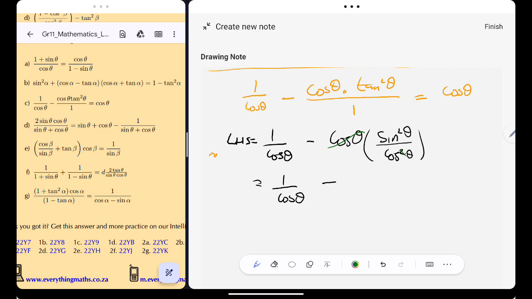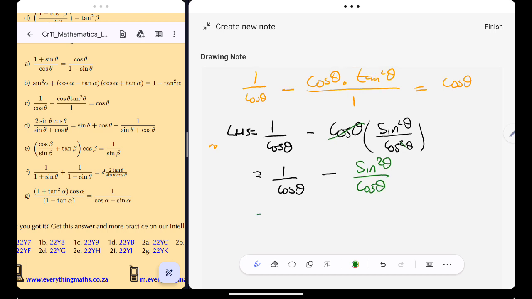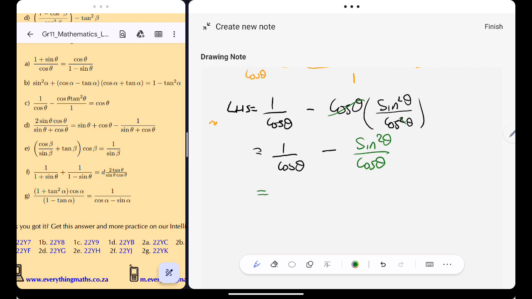Then at the top I'll have sine squared theta all over cos theta. Now I'm adding fractions. My LCD is cos theta. Since I have the same LCD, all I need to do is just subtract these two.